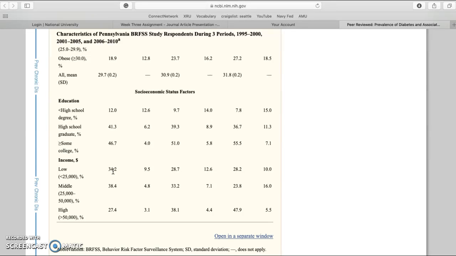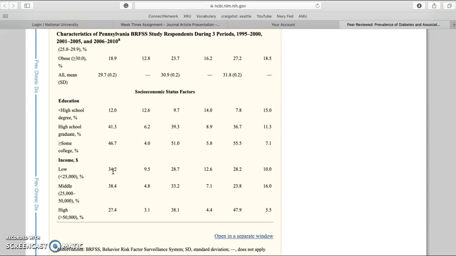So from 1995 to 2000, diabetes prevalence was higher in women than males. And then the years following, it reversed. So '01 to '05, '06 to 2010, it was the opposite, higher in males than women.